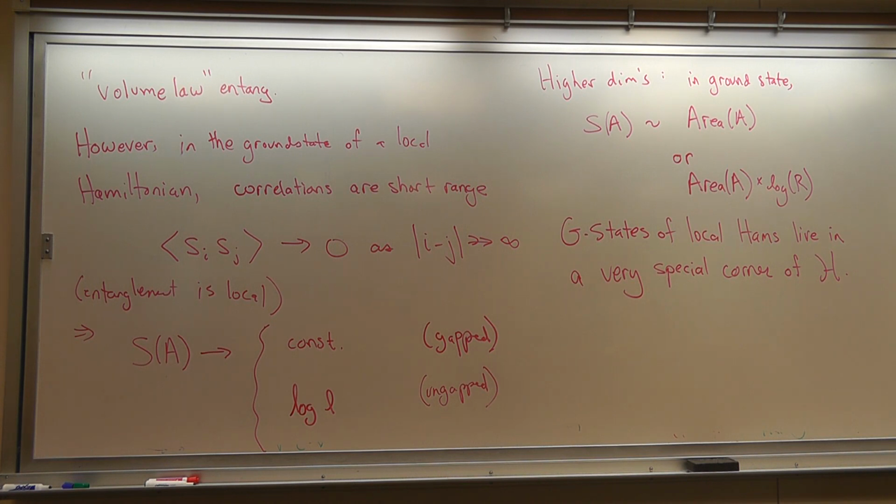Yeah. Is this a bound? Because if I take something like a ferromagnet, then there are only 2 ground states, all spins up or all spins down. And so it seems like when I increase the size of A, it doesn't increase the entropy. That's true.